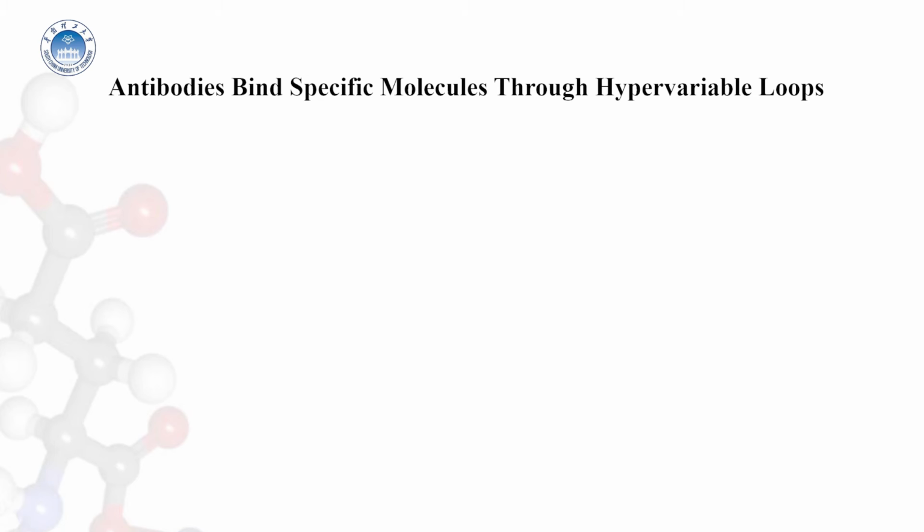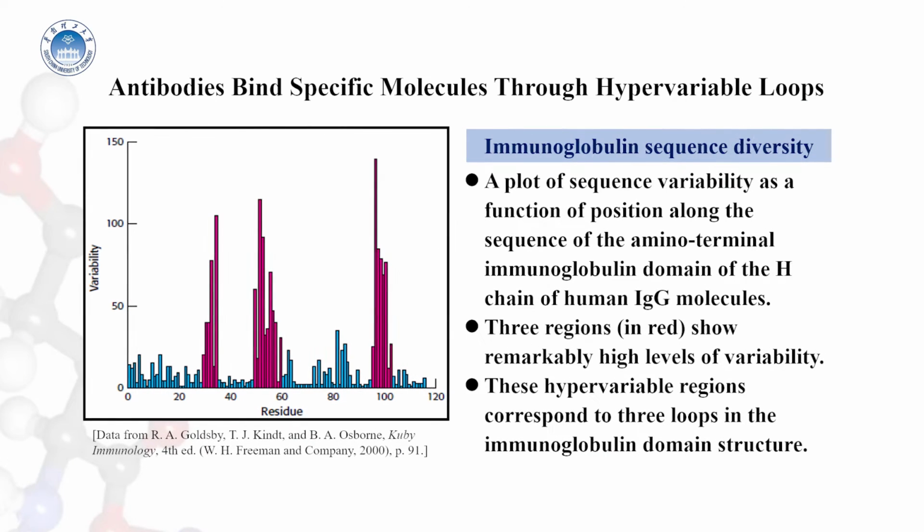Antibodies bind specific molecules through hypervariable loops. The carboxyl terminal half of the light chain and the carboxyl terminal three quarters of the heavy chains are very similar in all antibodies. Importantly, the amino terminal domain of each chain is more variable, including three stretches of approximately 7 to 12 amino acids within each chain that are hypervariable, as shown for the heavy chain in this figure.